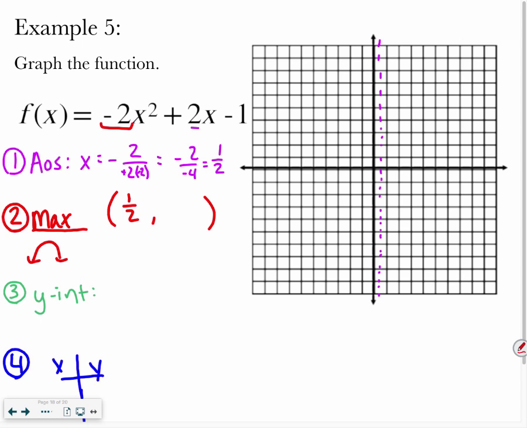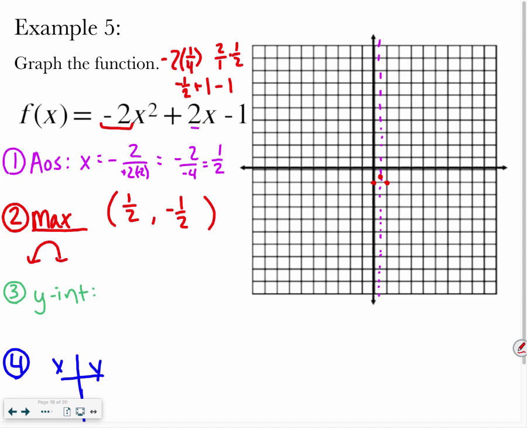If I plug 1/2 back into the equation, I get negative 2 times 1/4, which is negative 1/2, plus 2 times 1/2 is just 1, minus 1, so I get negative 1/2. So my vertex is at 1/2, negative 1/2. And then I have my y-intercept, which is at negative 1.